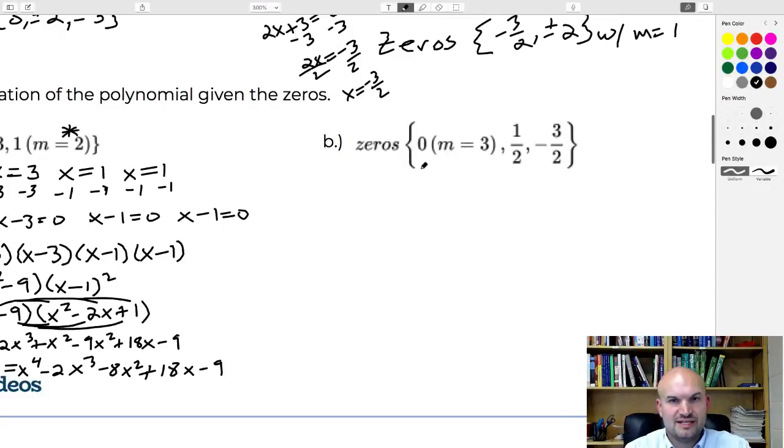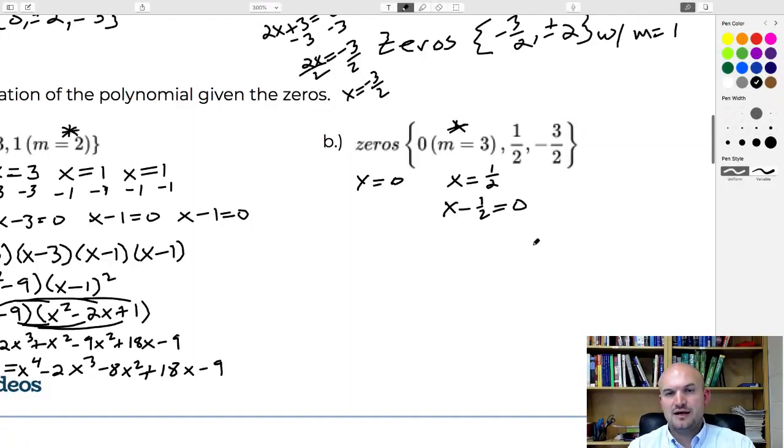Now, in this one, again, we can kind of do the same thing. We can do the same thing like setting this equals 0, but rather than writing like x equals 0, let's just keep the multiplicity at the end, all right? Now, the other thing I want to mention is if I have x equals 1/2, rather than writing my factor as x minus 1/2, we don't want to write our polynomial with fractional coefficients, all right?